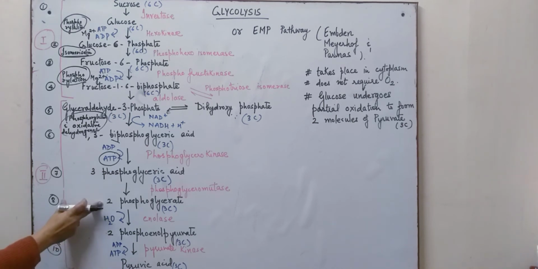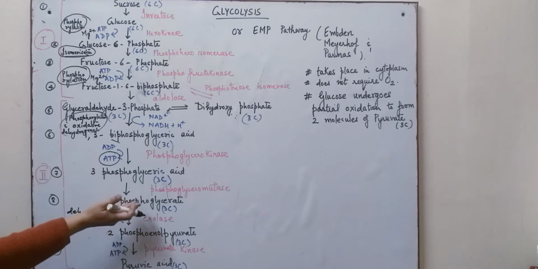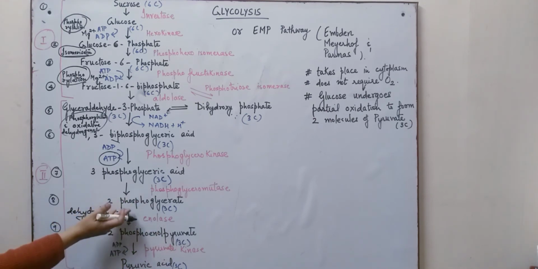Next step, that is the 2-phosphoglycerate gets converted into 2-phosphoenol pyruvic acid or pyruvate, and here this process is dehydration because a molecule of water is eliminated. So here the molecule of water is removed from this 2-phosphoglyceric acid, and it gets converted into 2-phosphoenol pyruvic acid or pyruvate. This happens in presence of enzyme enolase.